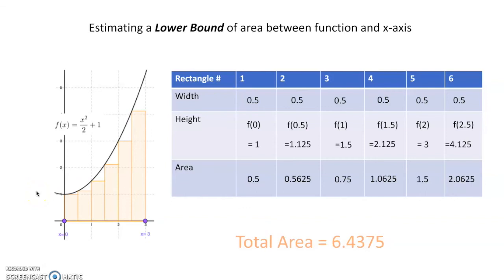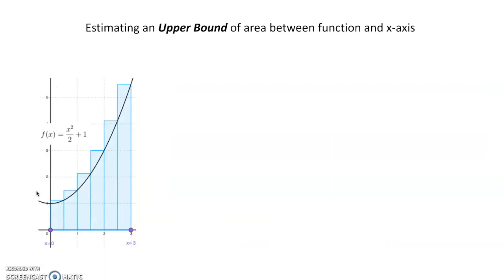Okay, so we can also look at an upper bound as well. And we're going to do this in exactly the same method. Okay, so notice here, this time all of the rectangles are drawn above the function. And that's how we know it's going to be an overestimate.